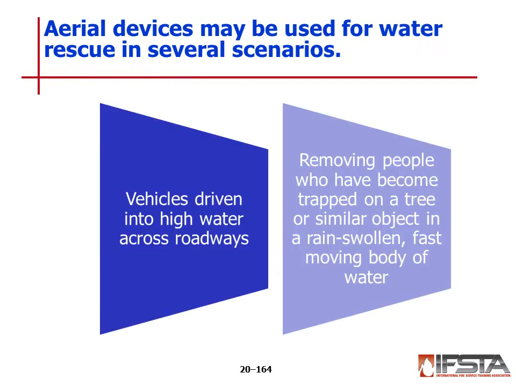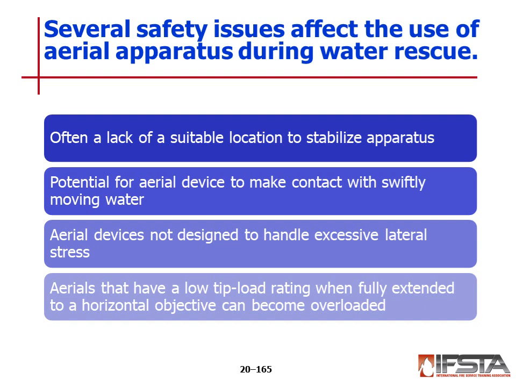Using the aerial device for water rescue, the two most common scenarios include vehicles driven into high water across the roadway and removing people trapped on a tree or a similar object in a rain-swollen, fast-moving body of water. There are several safety issues that affect the use of the aerial apparatus during water rescue.